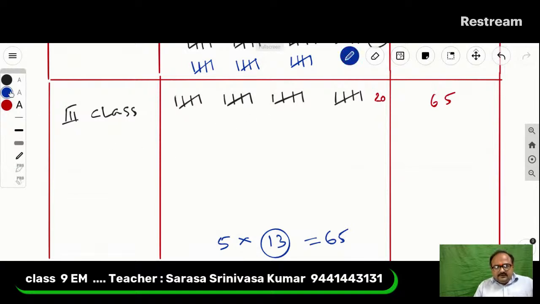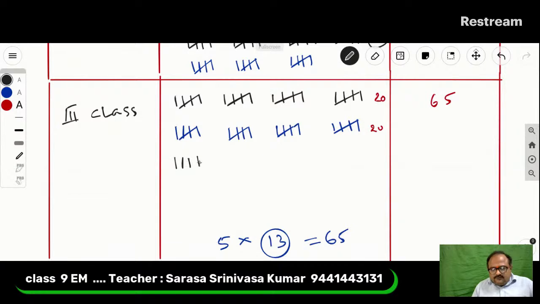Now we write, 1, 2, 3, 4, 5. So in this row also I have written 20. Total 40. Now we write next.